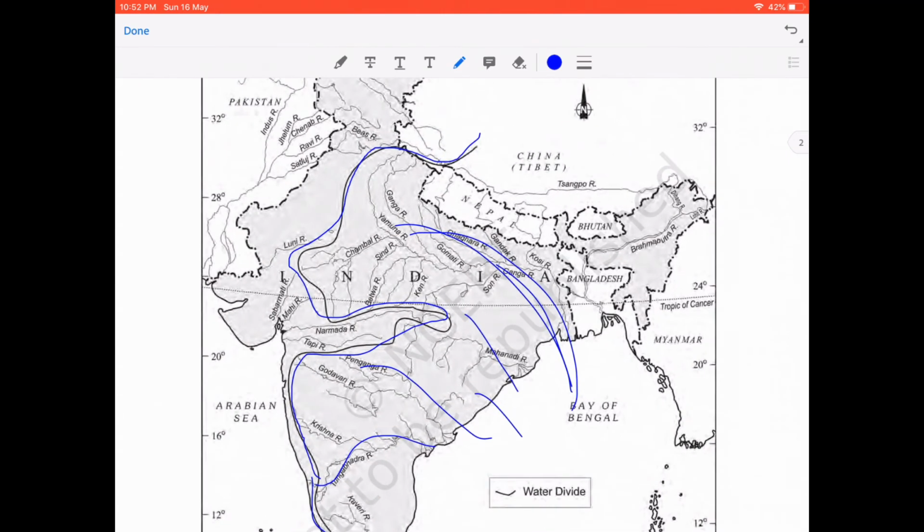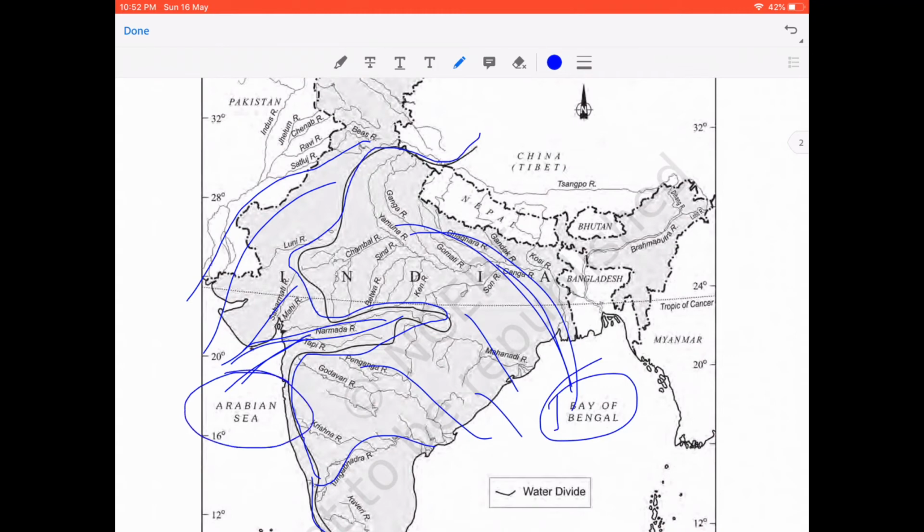Towards the left side of this line, all the rivers are connecting to the Arabian Sea. So based on which sea the rivers get connected to, the Indian drainage system is divided into two parts. One is Bay of Bengal drainage, and the next one is Arabian Sea drainage system.